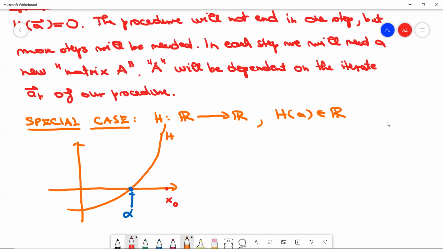So we come here. This is h of x naught. And now we would like to linearly approximate our function around this point. So what does this mean? This means that we calculate the tangent to the curve in this point. So we calculate the tangent.